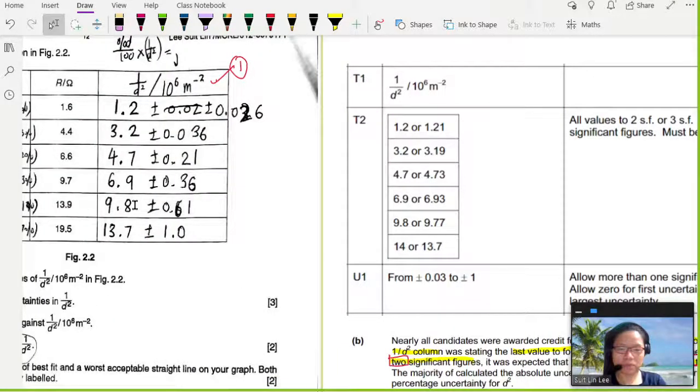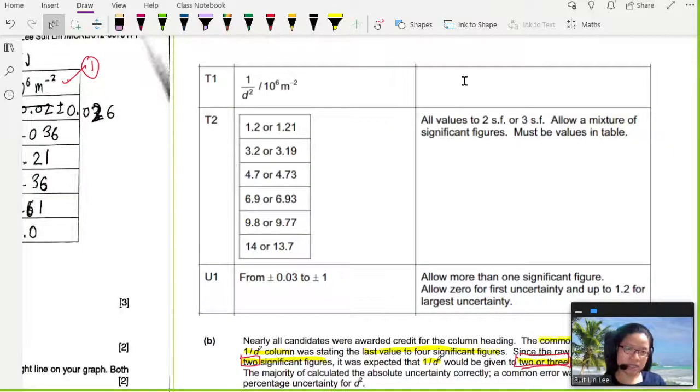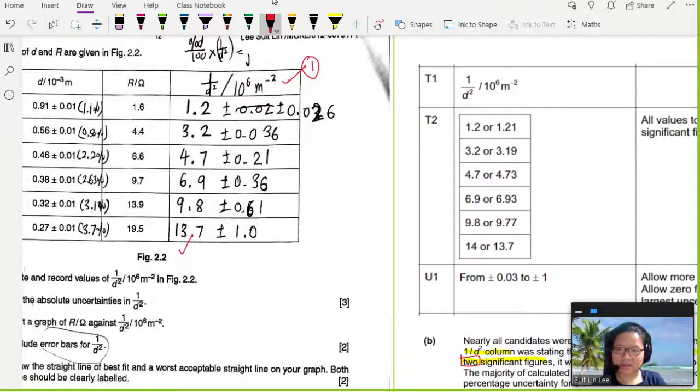If you follow mark scheme, is a bit grey. I could say that everything must be 2SF or everything must be 3. But here they say allow 2 to 3 and also allow a mixture. So I guess this one I can give mark lah if I'm feeling nice. Okay, but don't let them treat you that way.